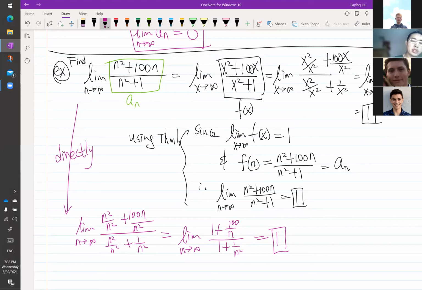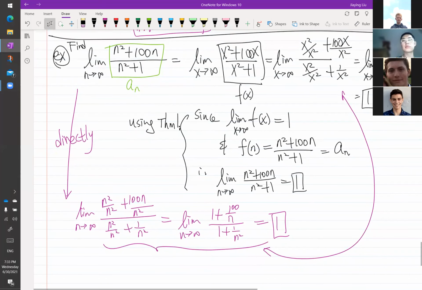We can do this because we can do it with a continuous function. So that's the limit of a sequence. What are the differences between those two? Because the only thing I really see is the variable. It is a variable, but it's different.